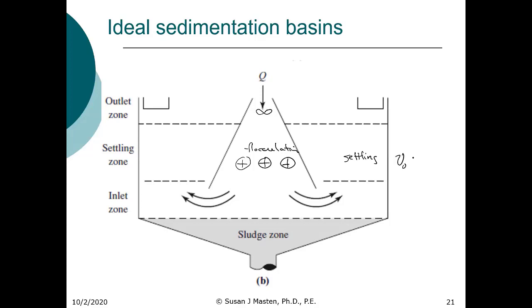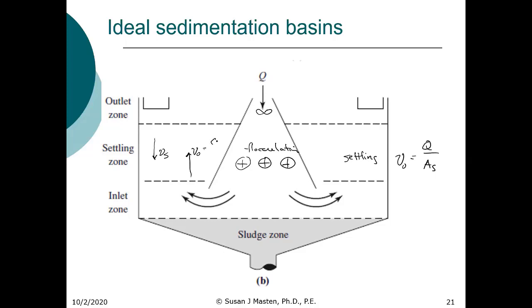Still, the overflow rate is equal to Q over A sub S. So that doesn't change. What does change is my particle is settling this way. My water is actually flowing in this direction here. So my overflow rate is in the opposite direction. And because you have this inverted cone, the overflow rate, remember, is Q over the surface area.